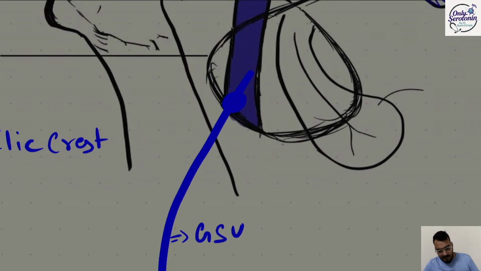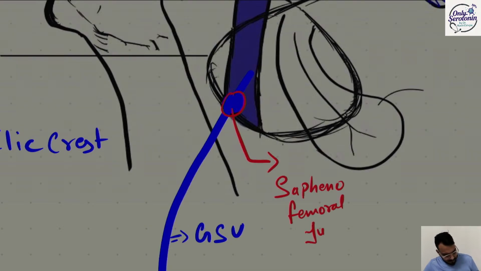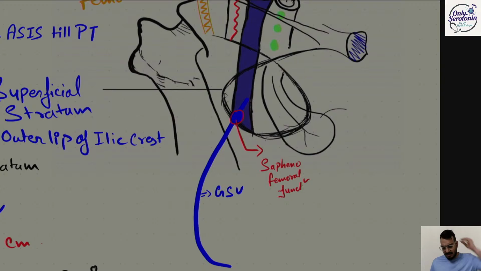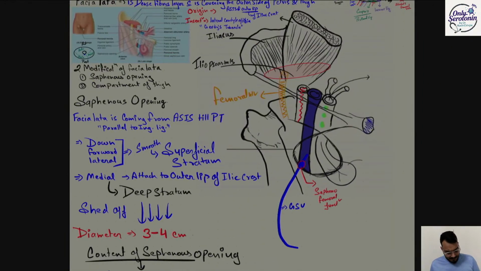This connection here is known as the sapheno-femoral junction. Sapheno-femoral junction is again a very important thing. When you will start studying about the varicose vein, then you will understand the importance of this sapheno-femoral junction.